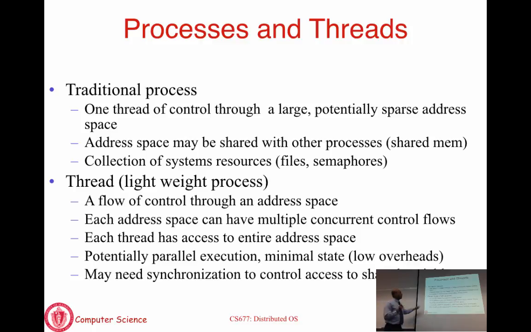Now, when you generalize this to a notion of a thread, you get what is called a multi-threaded process. What essentially has happened is you take this picture and you generalize it, and we'll actually make this a little bigger. So if you allow multiple streams of execution to share an address space, you get what is referred to as a multi-threaded process. So what does that mean?